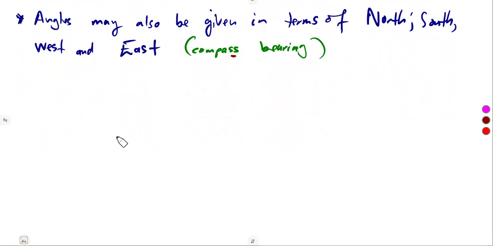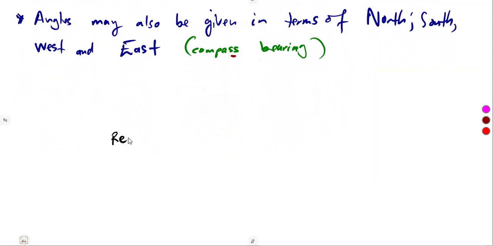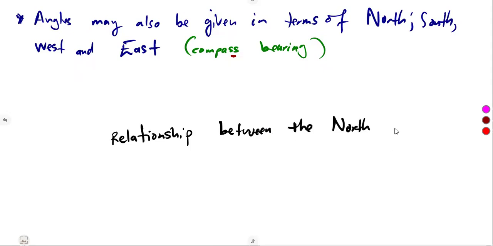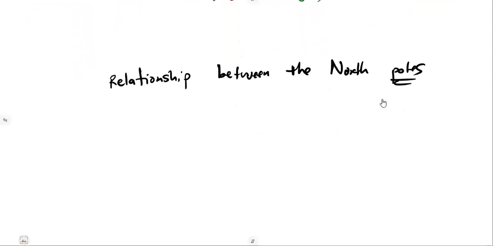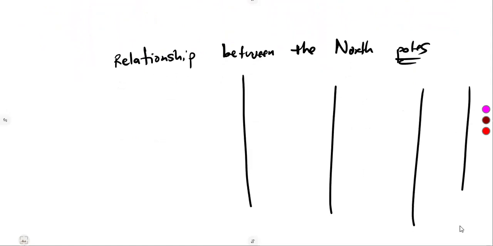I want you to understand this last part, the relationship between the north poles. As north poles are being drawn at both points, the north pole, the north pole, like that.